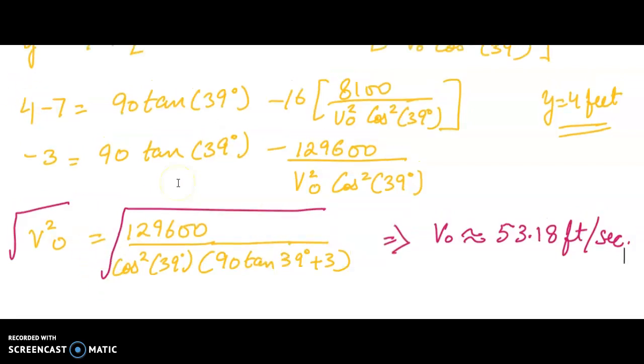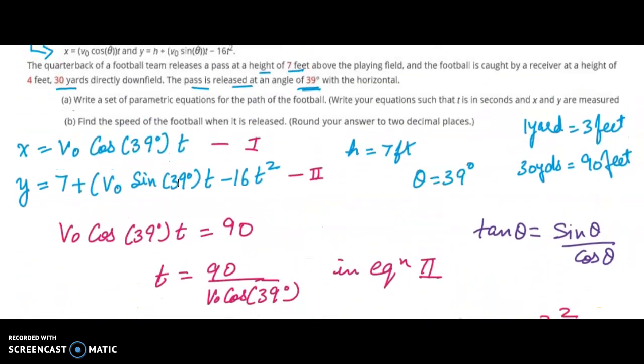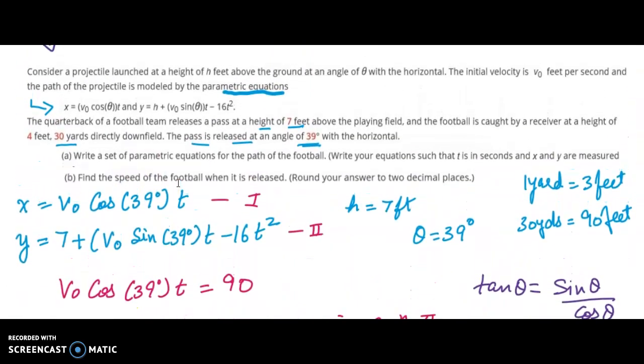My advice is to read the question a little slowly and properly, to try to make sense of what information is given to us. If you go back to the question right here, they have highlighted everything in red. Can you see there? 30 yards, we converted into 90 feet, and we plugged the value 90 here and here.